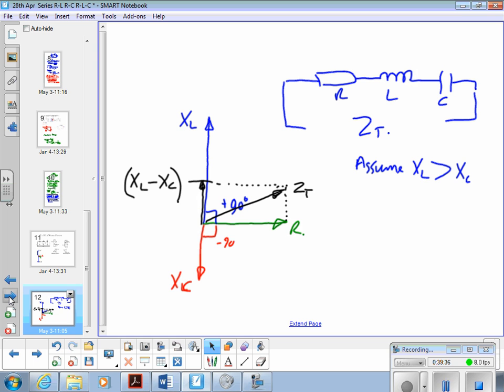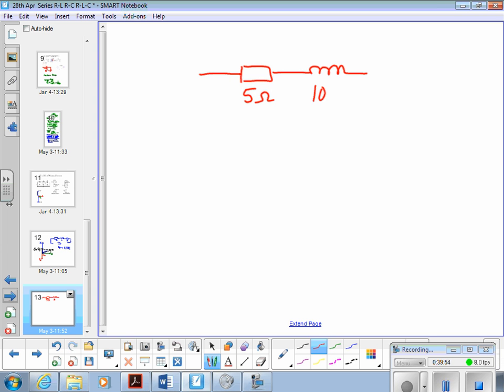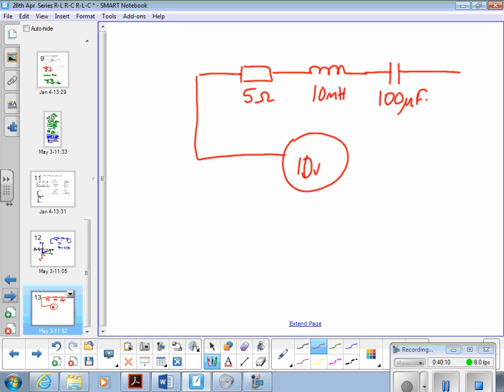So let's have a look at one with some values, shall we? We'll use the same three values as we had before. And we'll use 10 volts at 60 hertz.